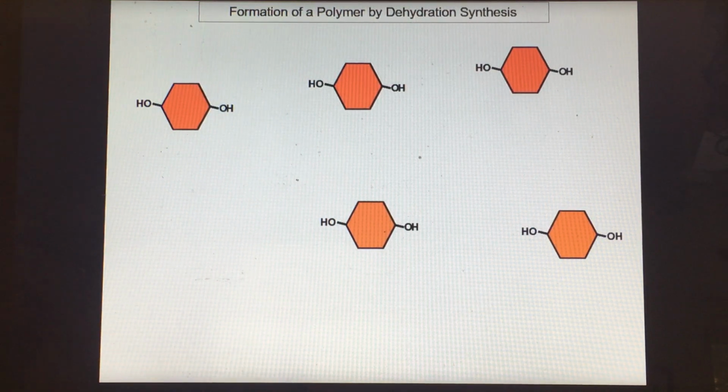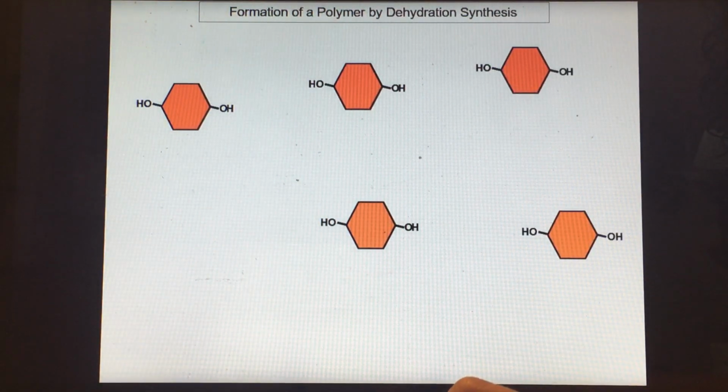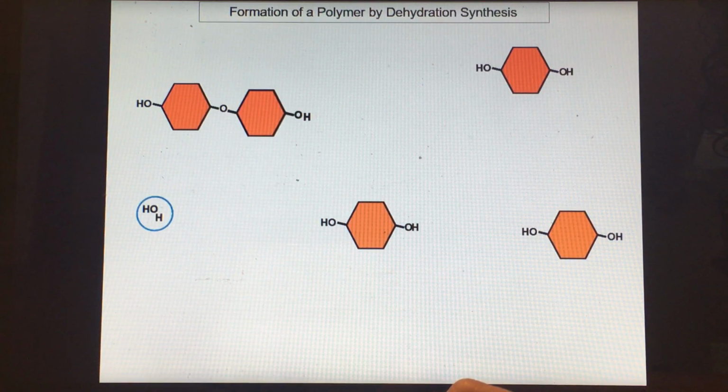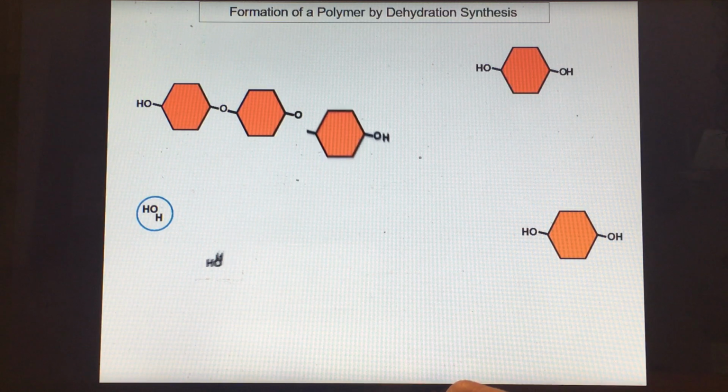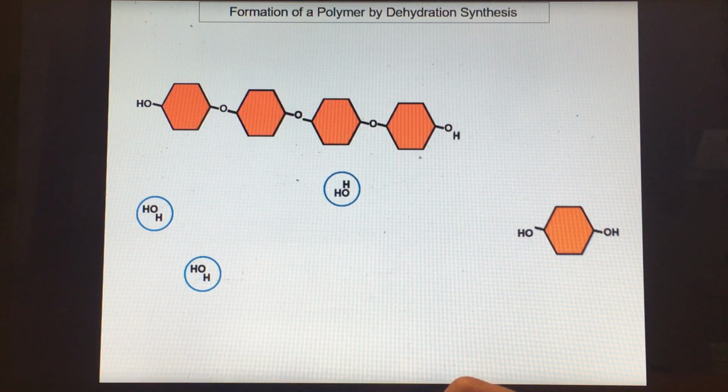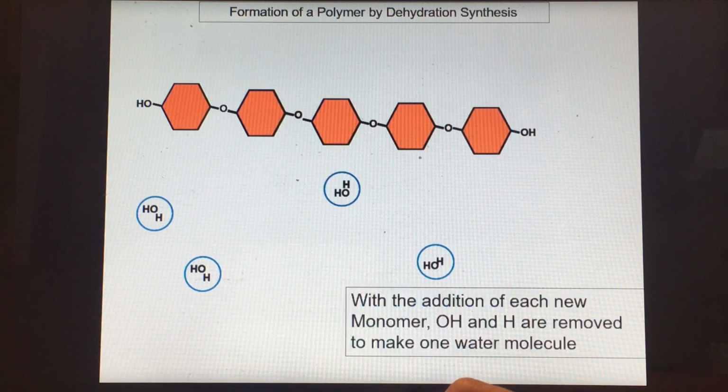So this is an animation of dehydration synthesis. The hydrogen and hydroxide, so the H and the OH, come off to make room for the bond to form between the two molecules. So this would be a polysaccharide.